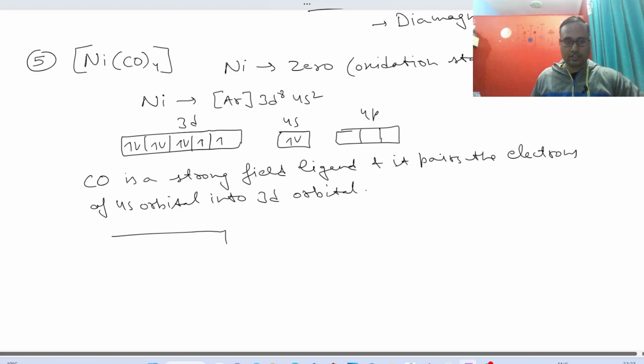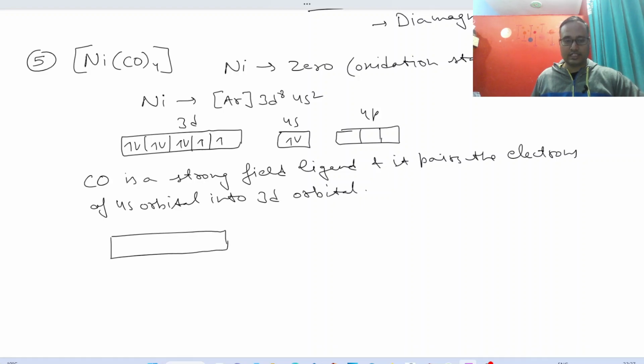This 3d orbital gets completely occupied. 1 2 3 4 5 6 7 8 9 10, and our 4s orbital will get empty. 4s orbital gets empty, and 4p also is available, which is also empty.